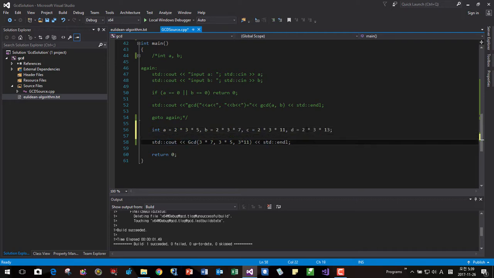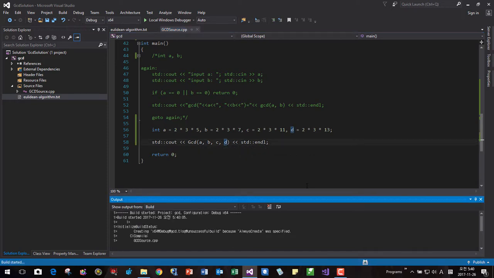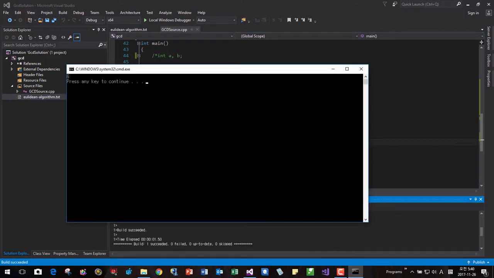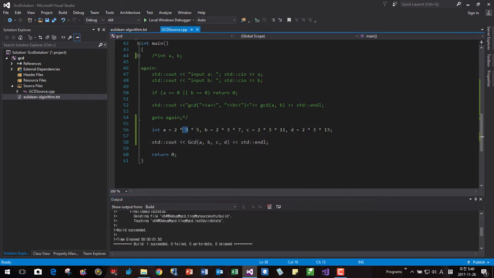Now if we say A, B, C, D and run it, the number is 6, because we put the number 6 here. These are greatest common divisors.